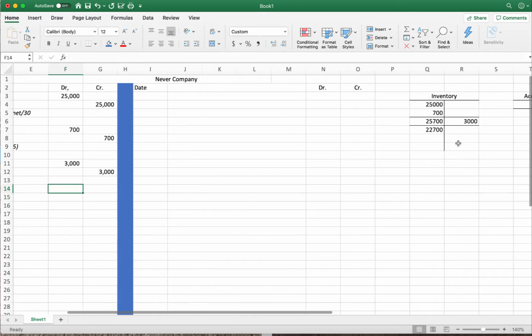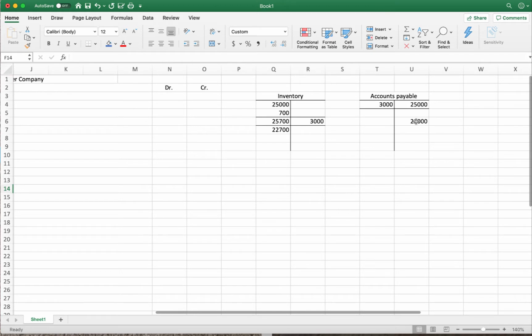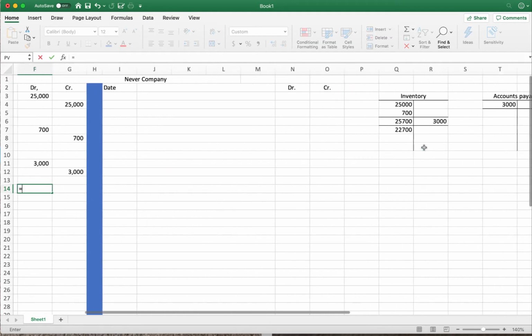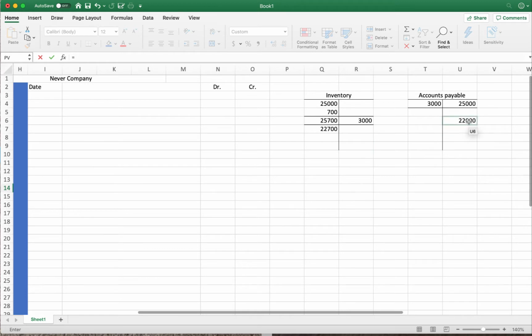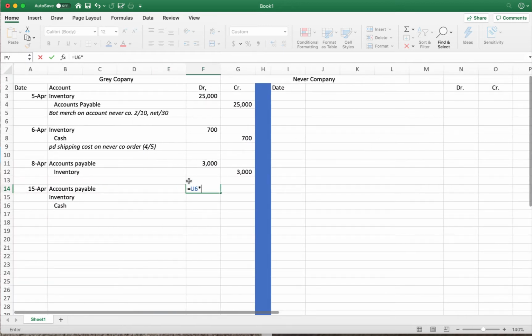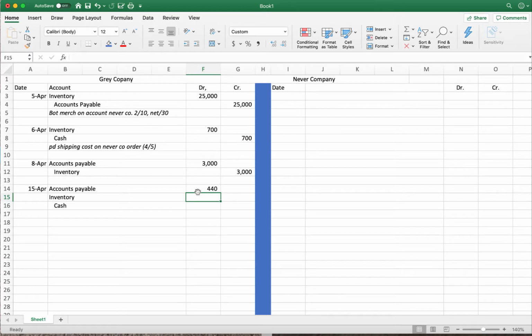Well, my accounts payable balance is $22,000. So I'm going to come right where I need my debit to be. I'm going to say equals. I'm just going to select this $22,000, and then I'm going to click Shift 8 to get my multiplication, 0.02. So my discount is $440.